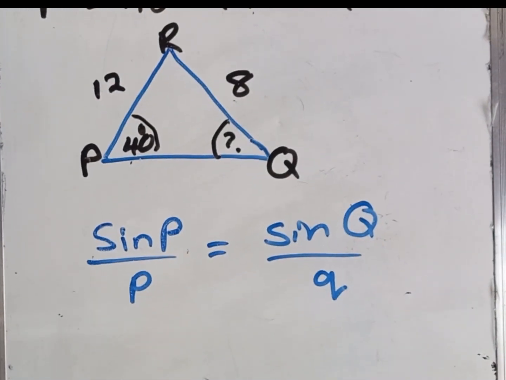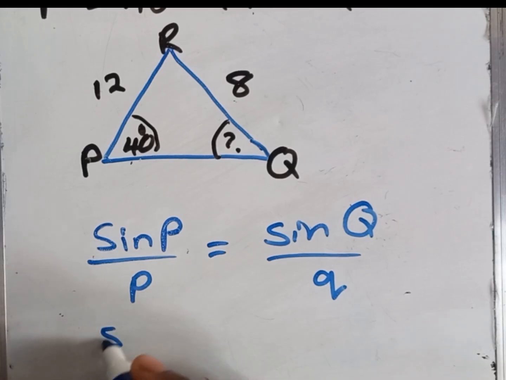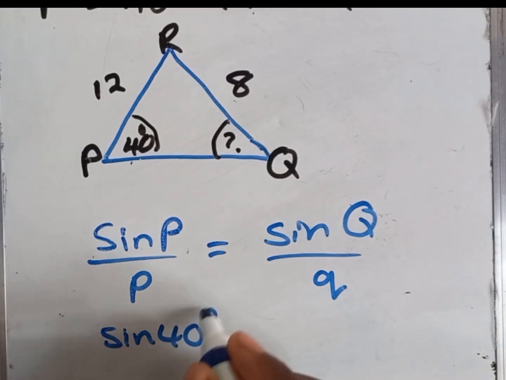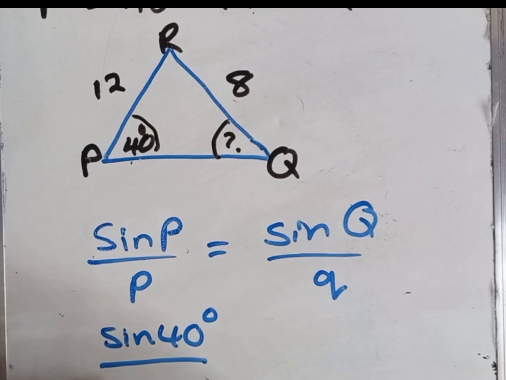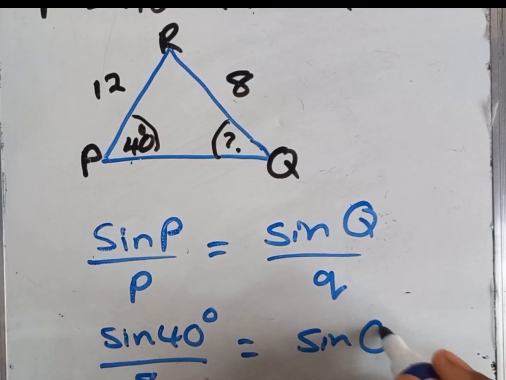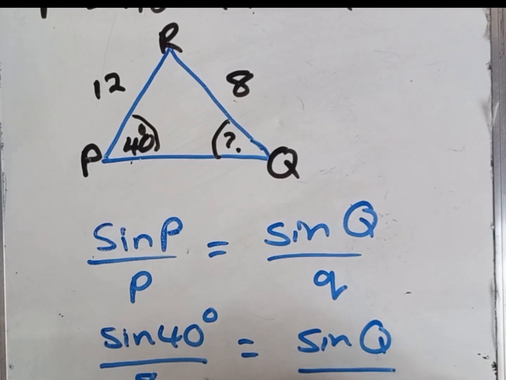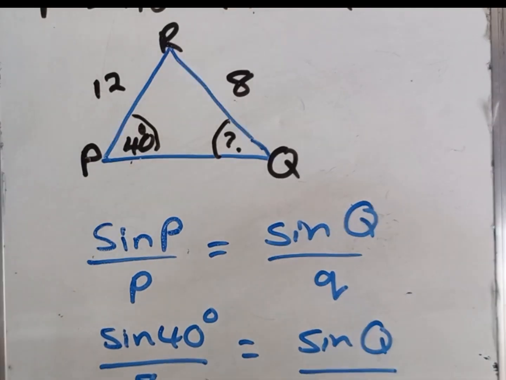So our angle P is 40 degrees, so sine 40 degrees over 8 is equal to sine Q, the one that we want to find, over 12. So we are going to multiply both sides by 12. The other method is to cross multiply.